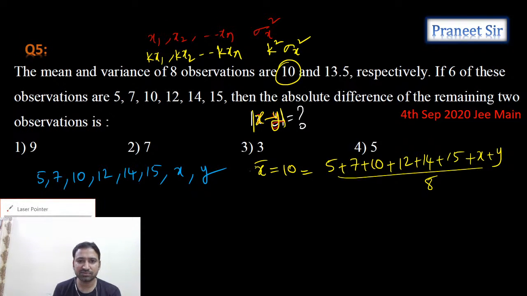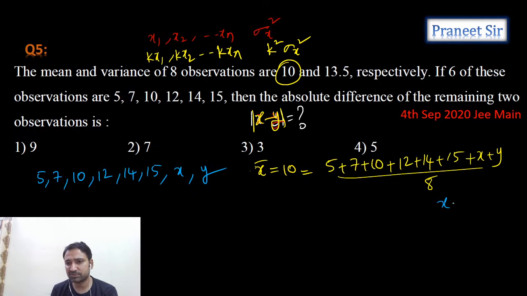How much are we getting for x plus y value? When we cross multiply and simplify, 5 plus 7, 12, 12 plus 10, 22, 22 plus 12, 34, 34 plus 14, 48, 48 plus 15, 63. So 80 minus 63, which is 17. Are we getting 17, guys?